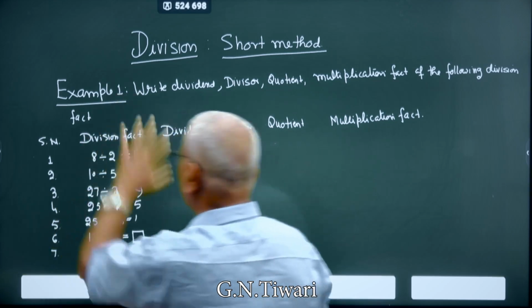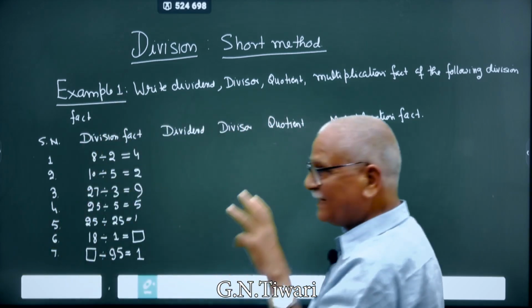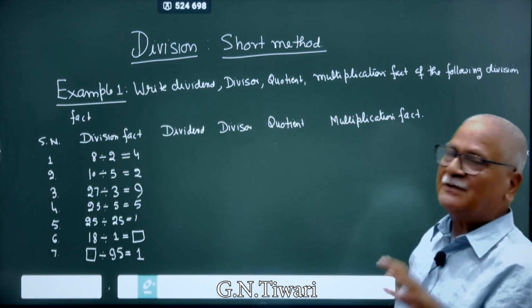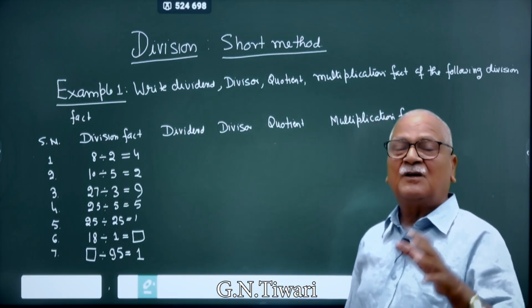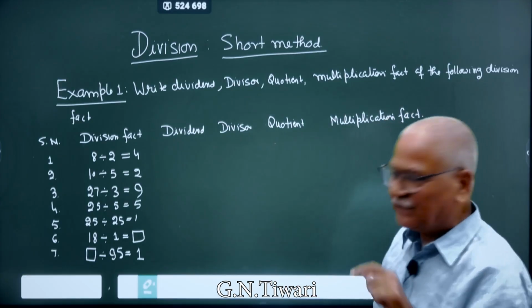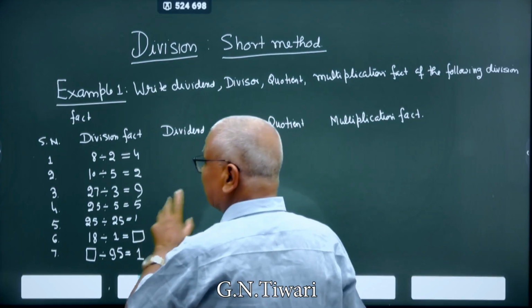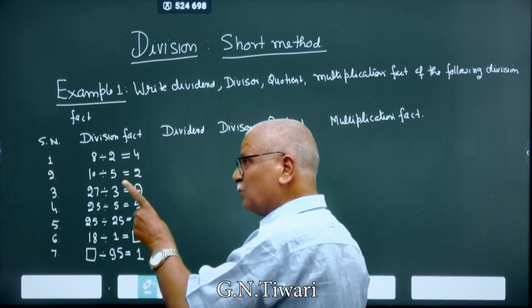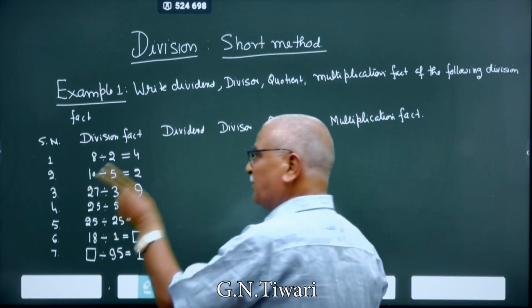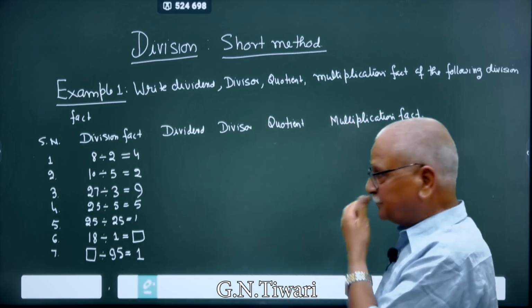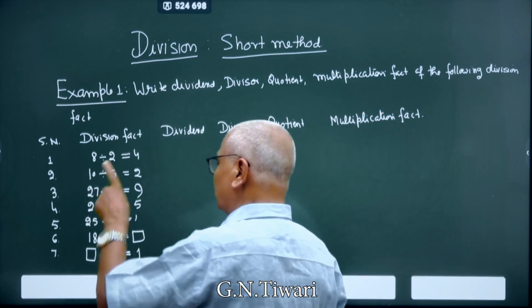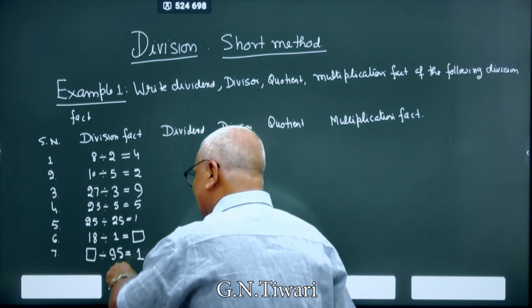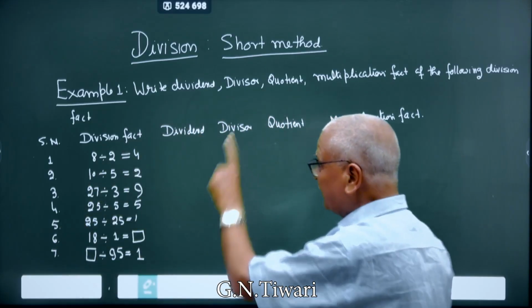There are 7 questions I am giving to see whether they understood the meaning of division fact, and also understood how to fill up the vacant digit. If you divide any number by 1, what will be the result? And if you divide any number by itself, the result is 1. So accordingly you have to fill this.